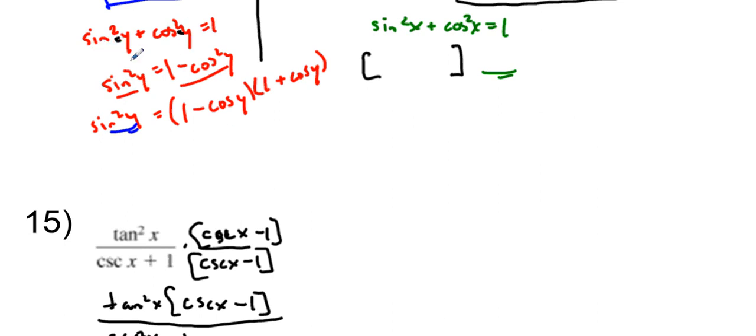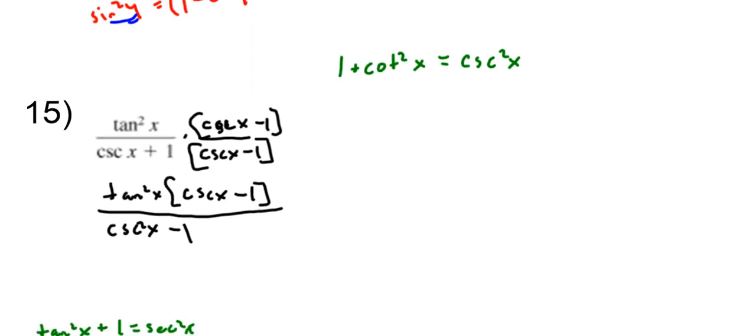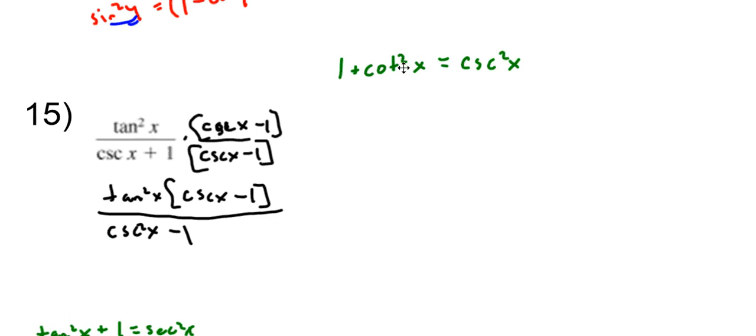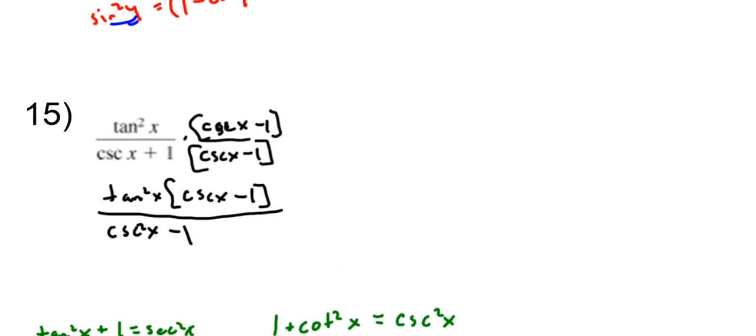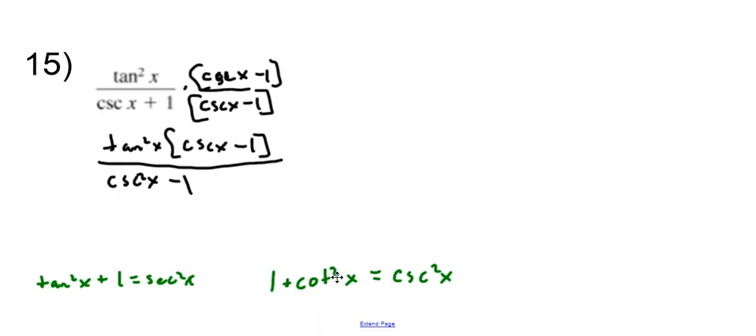When I divide this whole thing by sine, I get 1 plus cotangent squared of x, and 1 over sine squared is going to be cosecant squared of x. Now, if you don't understand how I'm doing that, just memorize these and you're good to go either way.